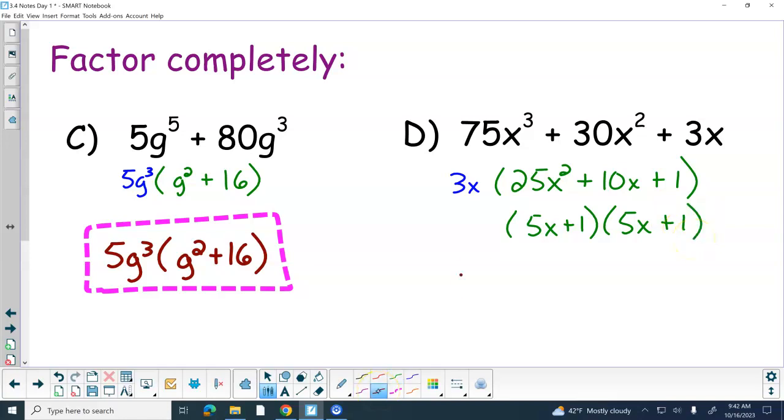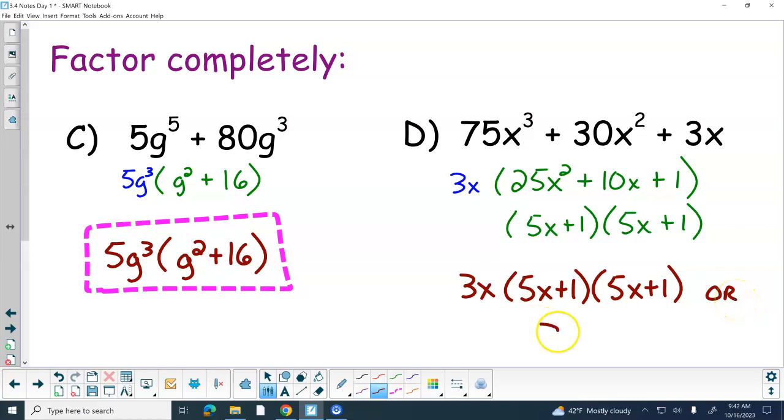So here, this one would factor all the way down to be that, or I would also accept that, because there are two of the same factors, we could square it.